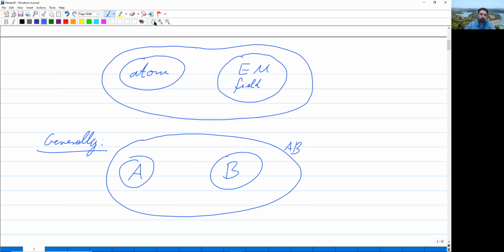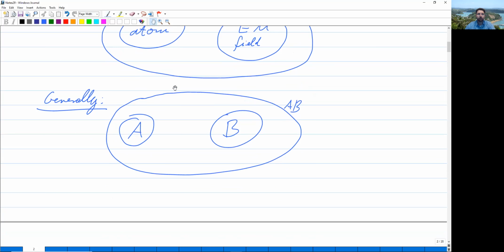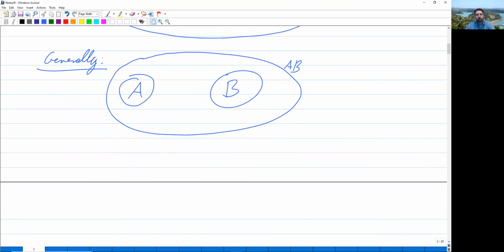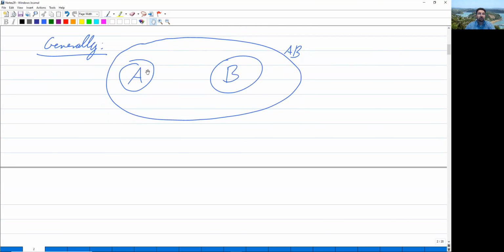Now, what that means is we will have to figure out how to construct, given system A, that is to say, given its Hilbert space, its operators, its observables, its Hamiltonian, and given for system B, its Hilbert space, its observables, its Hamiltonian, we should be able to construct what the Hilbert space and the observables of the bigger system are.